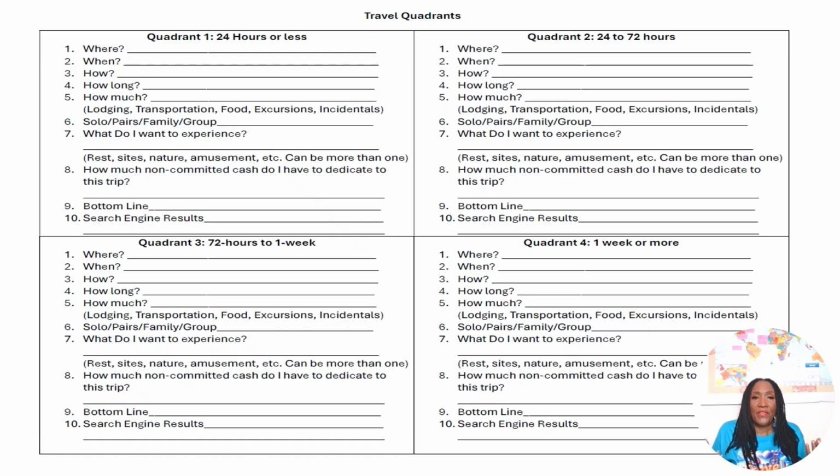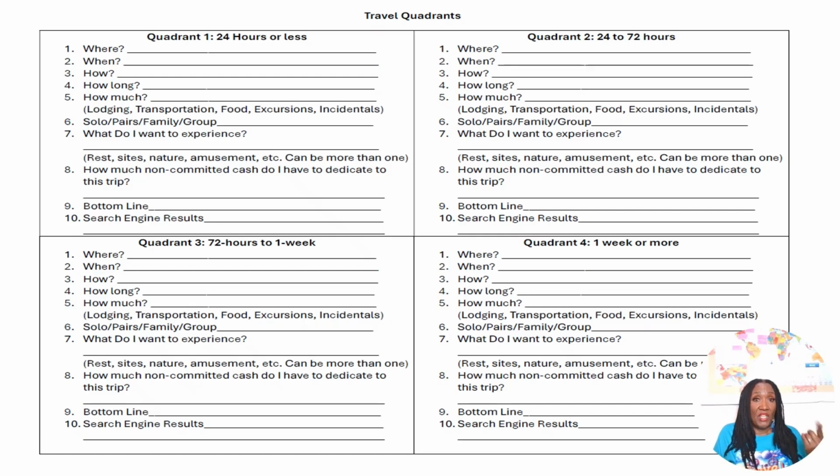So let's think about this. Let's consider the 24-hour trip. There's no need to book lodging for this trip, so you don't have to include this as part of your travel hypotheticals, which we plant into the quadrants. However, as you transition from the 24-hour or less trip to the 24-hour to 72-hour trip, you'll see that lodging is needed. Further, the means by which you travel may change.